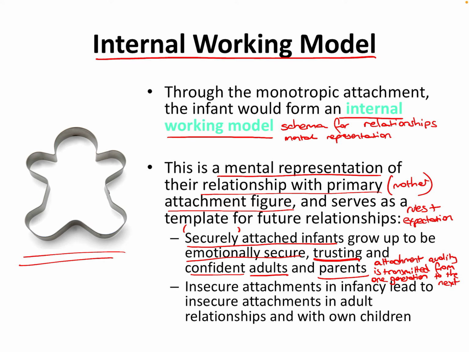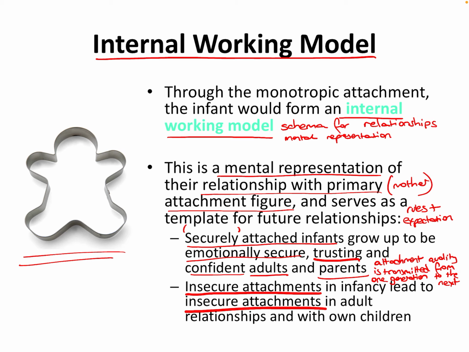On the other hand, insecurely attached infants, so this can come from a variety of reasons. We're going to look at secure and insecure attachments later on in this topic. But children who form an insecure attachment in infancy to their caregiver tend to form insecure attachments in their adult relationships. And this can mean that they find themselves not being drawn into relationships.